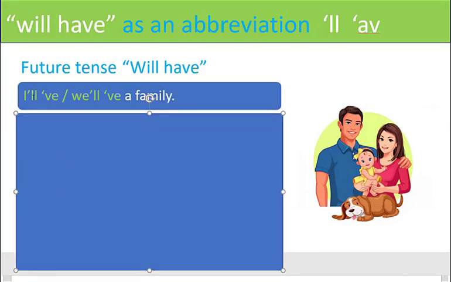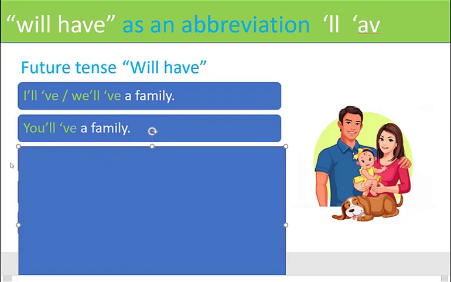Instead of I will, we say I'll, and the have changes to 've. A lot of people mistake the 've for "of". It's not "of", it's 've. And then we will changes to we'll've a family.